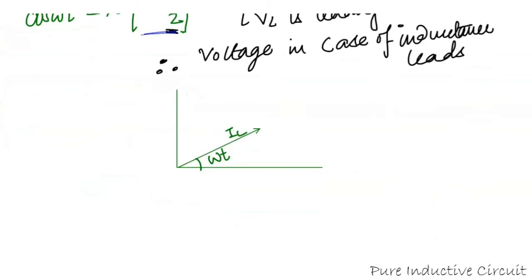The omega t angle is already there, with this a pi by 2 angle will be there, and this is V naught. So VL is a vector with magnitude V naught and angle pi by 2 plus omega t. So this is the phasor diagram in case of an inductive circuit.